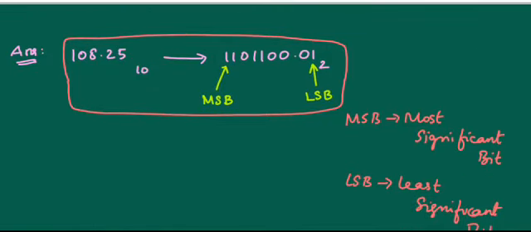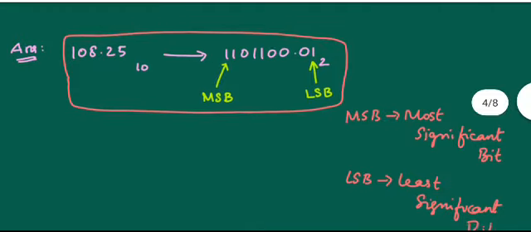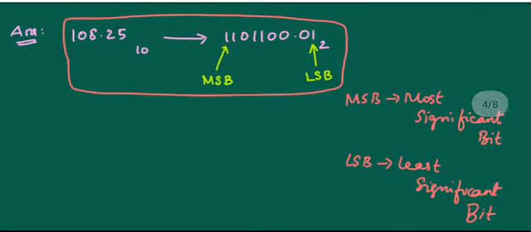In this, the most significant bit is the leftmost digit and the least significant bit is the rightmost digit. MSB means most significant bit, LSB means least significant bit.